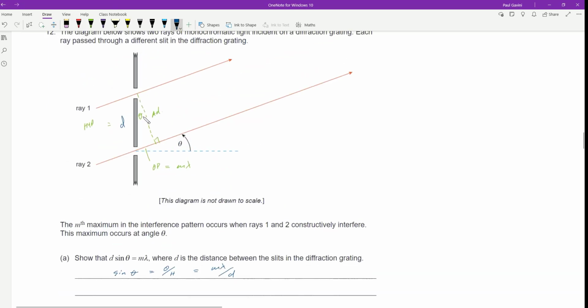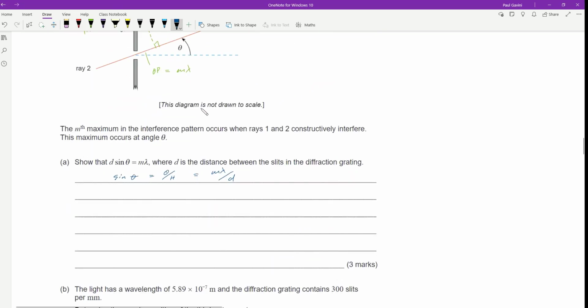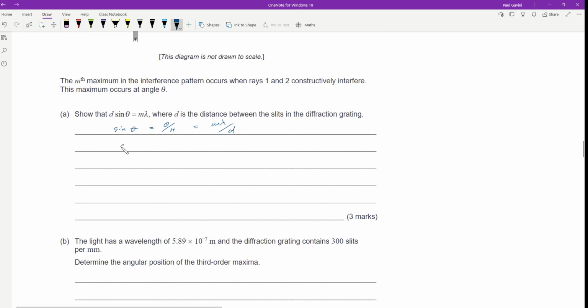So adjacent to theta, there's the right angle in there. So we have sine theta is equal to a multiple of wavelength over the distance, and that's equal to that, and then it's all good.